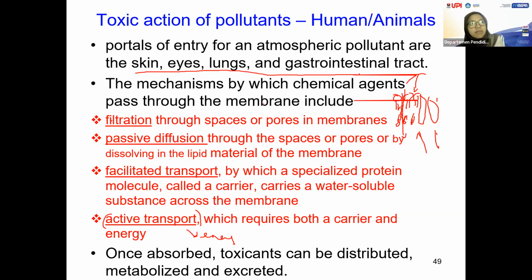So it really depends on the properties and sometimes structures of the toxicants. For example, a hydrophobic chemical enters our cell more easily than a hydrophilic one.